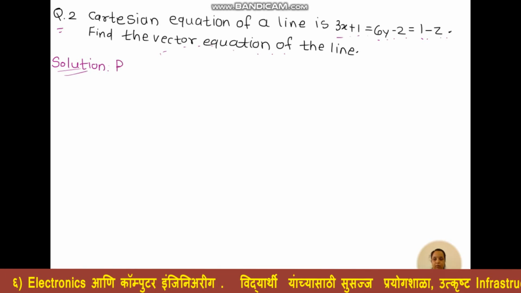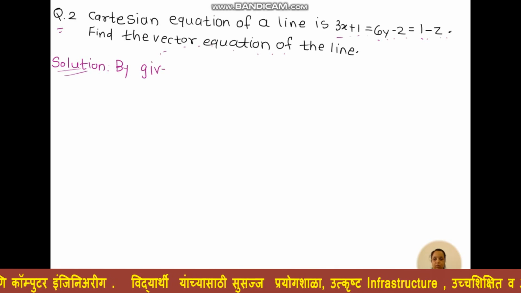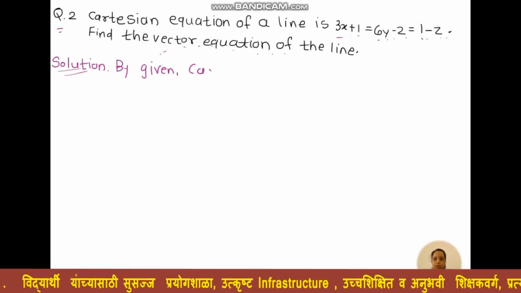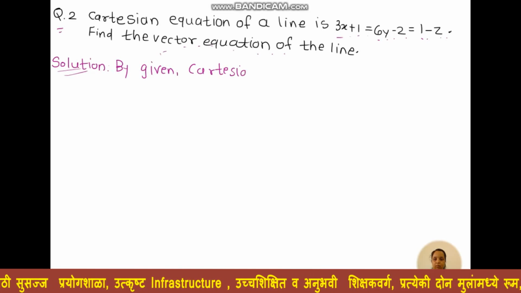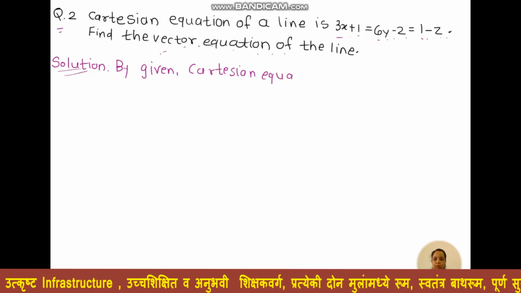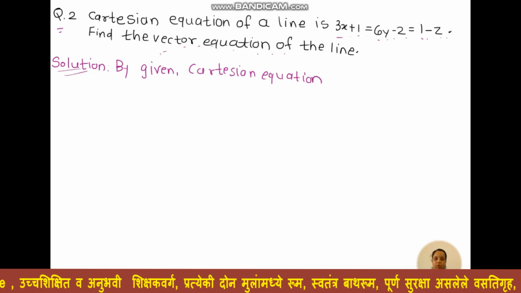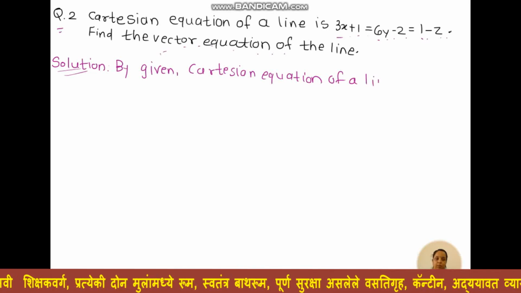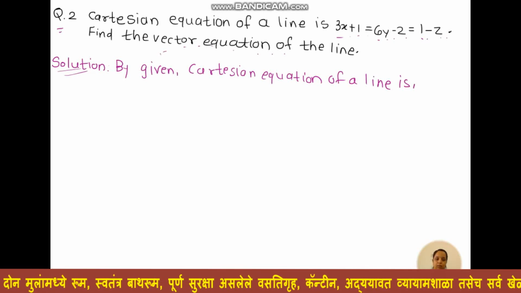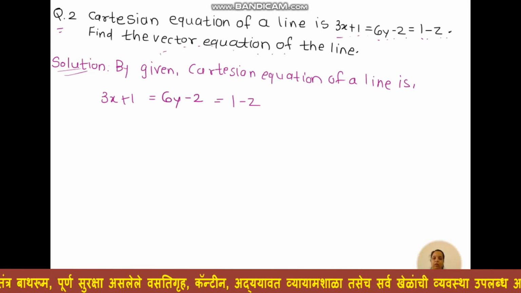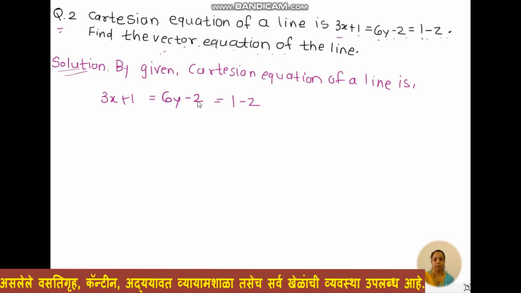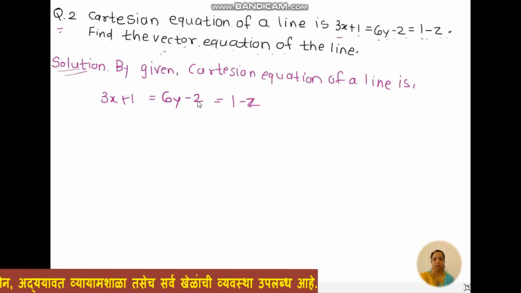By given Cartesian equation of a line is 3x plus 1 is equal to 6y minus 2 is equal to 1 minus z.